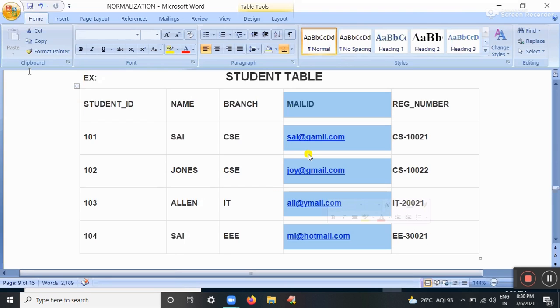Next one. Registration number. Registration number, can I say it is a super key column?